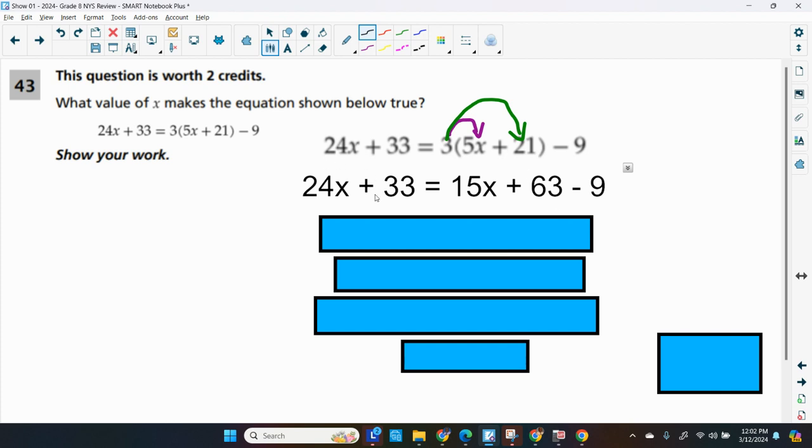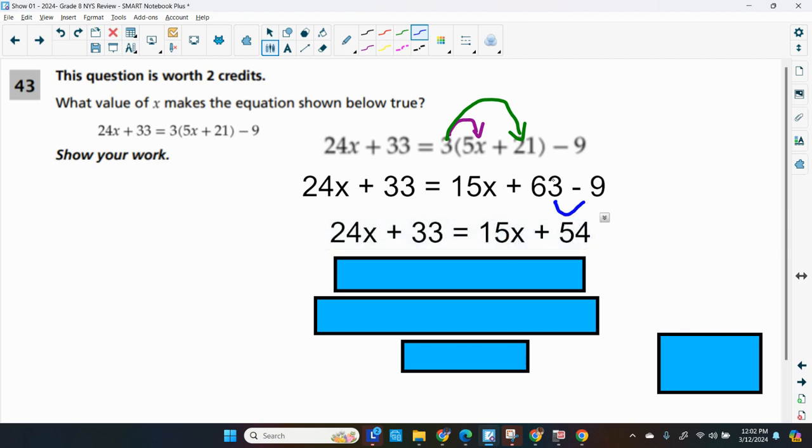I brought down all the other stuff, and there was a minus 9 on the end hanging there, so I brought that down. Now, my next step, let me deal with these and combine them, make it a little easier to deal with. 63 minus 9 is 54. I brought down all the other stuff, and let's now try to get all of our numbers together because we have a plus 33 here and a plus 54 there.